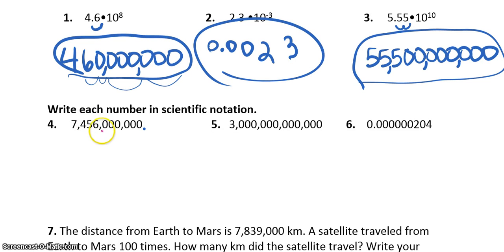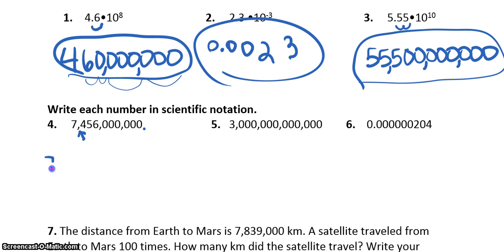If I put it here after the 6, that would be 7,456. If I put it here, it would be 745.6, 74.5, and 7.4. 7.4 is between 1 and 10, so that's where I want my new decimal place to go, right there.